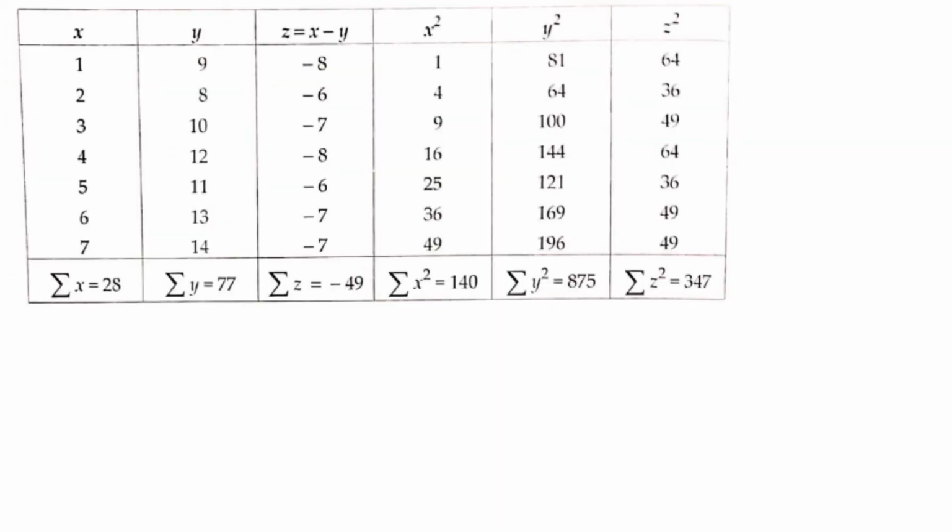As we said, we need a table. Yes, here is a table. The values of x, the values of y, the values of z, that is by using x minus y. That is 1 minus 9 is minus 8, 2 minus 8 is minus 6, 3 minus 10 is minus 7, and so on.